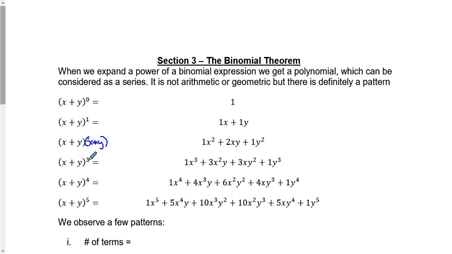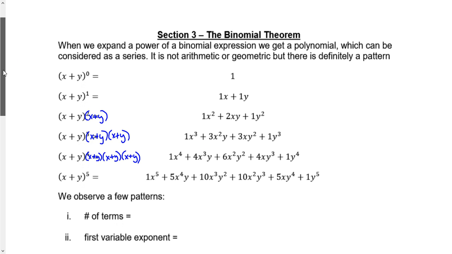X plus y cubed means x plus y times x plus y times x plus y. Of course, the more powers that you have, the longer it's going to take to properly distribute it out to get what we have.